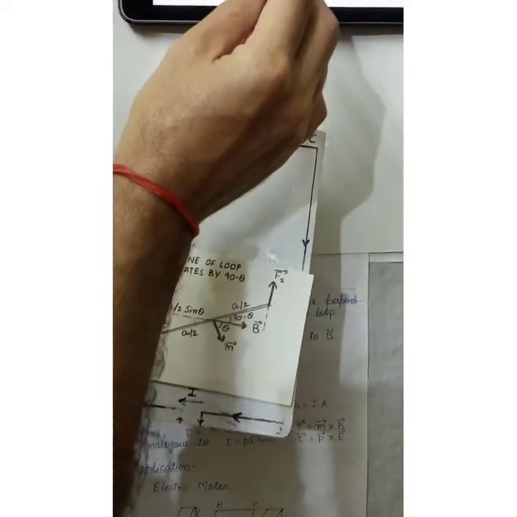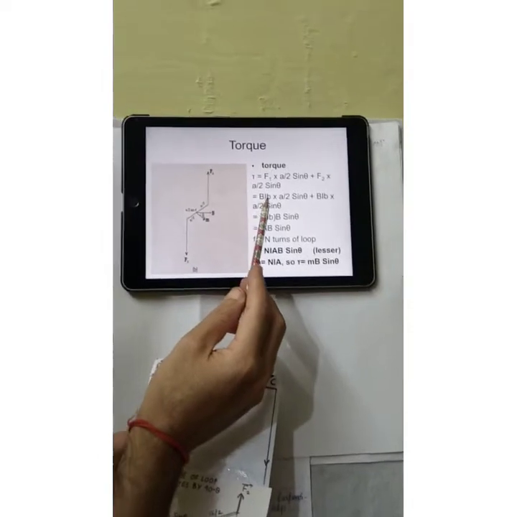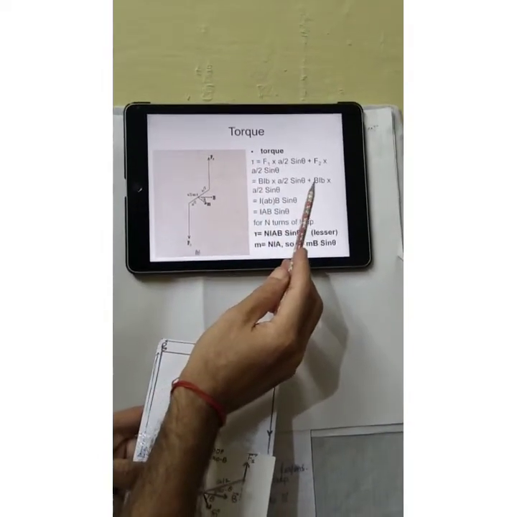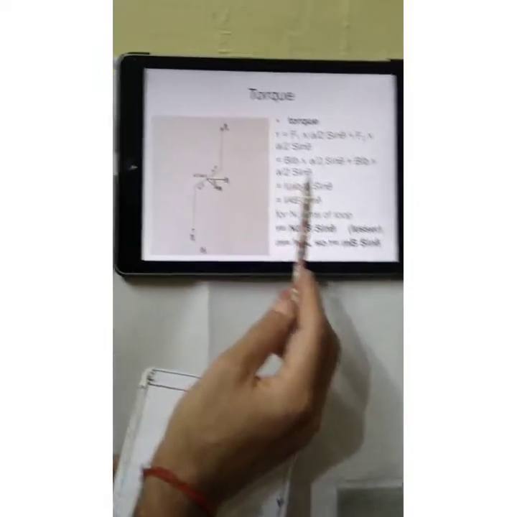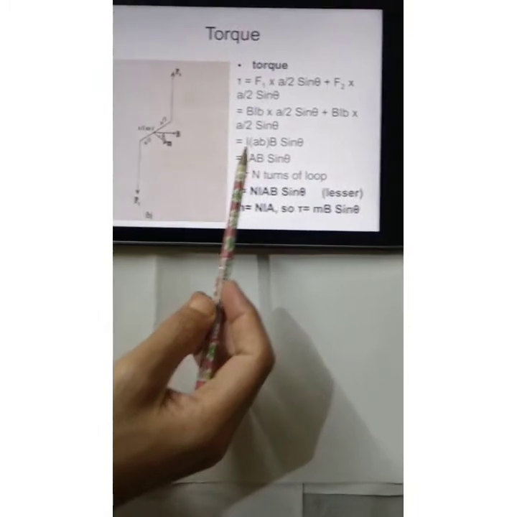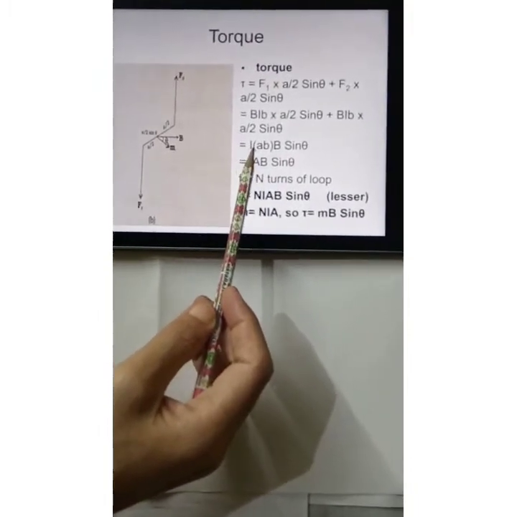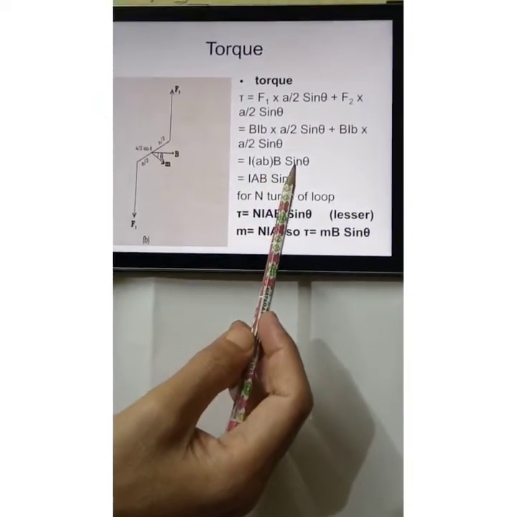Here it is given. Torque is B I into A by 2 sine theta plus B I into A by 2 sine theta. On calculating, we get the torque equal to B I A sine theta.